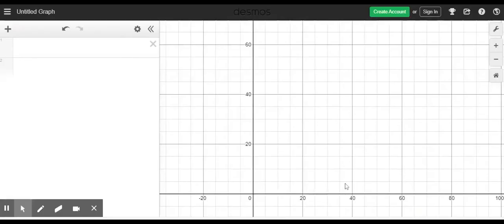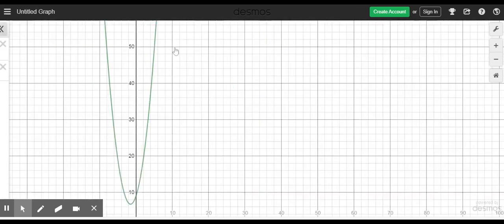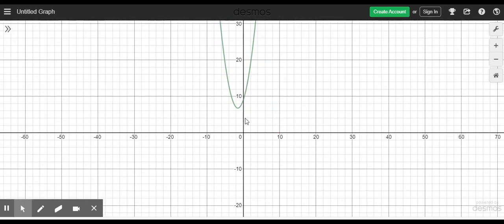Now, to counter check our claim that x squared plus 3x plus 9 will not be equal to 0, let's check the graph. Let's graph x squared plus 3x plus 9. If you look at the graph, it doesn't intersect the x-axis.